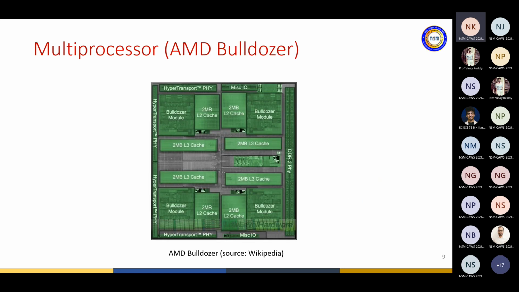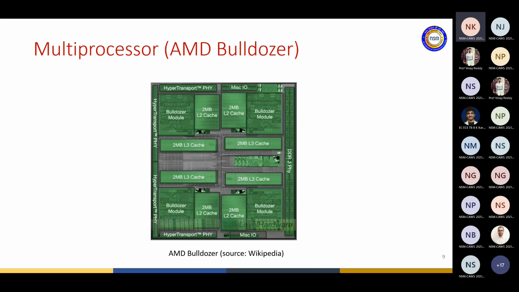Why? Because this is a die shot of a real system, AMD Bulldozer, from almost 10 years ago. We have memory all over the system. We have different chips. Here in the picture, you can see there are four Bulldozer modules packed onto this chip, and there are multiple L2, L1, L3 caches scattered all over the system.